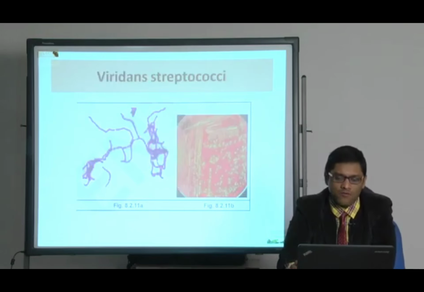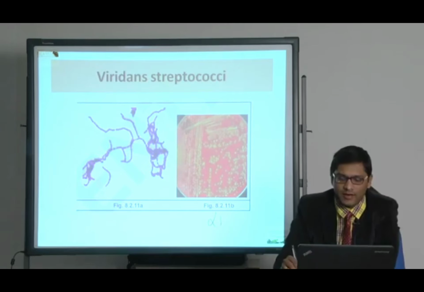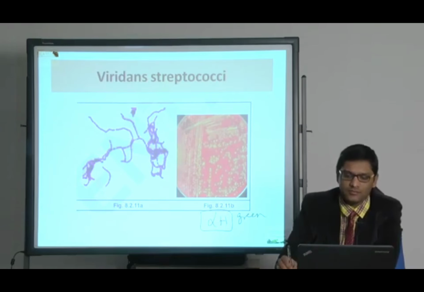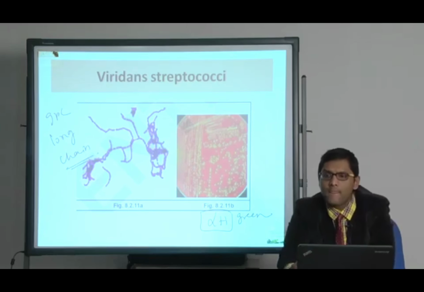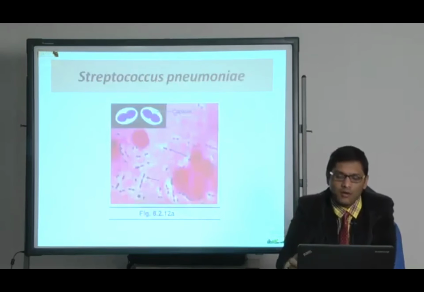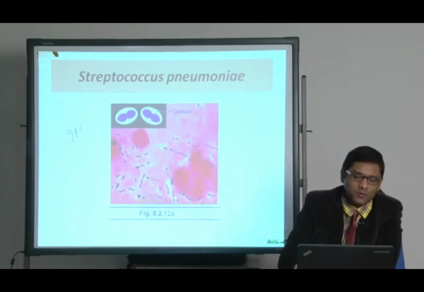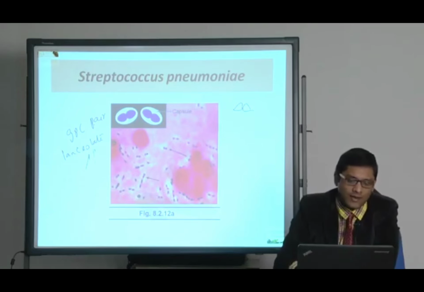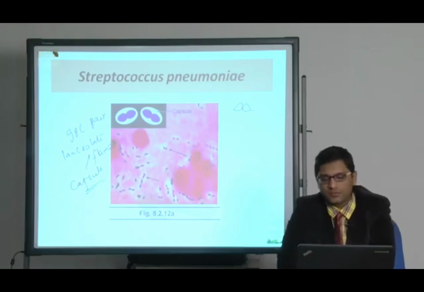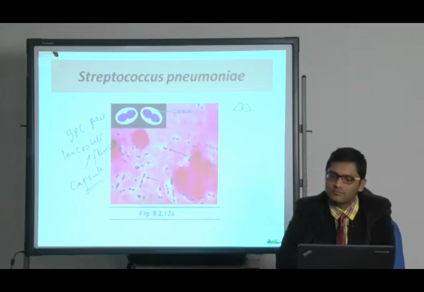Viridans streptococcus will be alpha hemolytic, green hemolysis, and of course gram positive cocci in long chain. This has to be differentiated from Pneumococcus. Pneumococcus gram stain will be gram positive cocci in pair, lanceolate shaped or flame shaped, surrounded by a capsule.